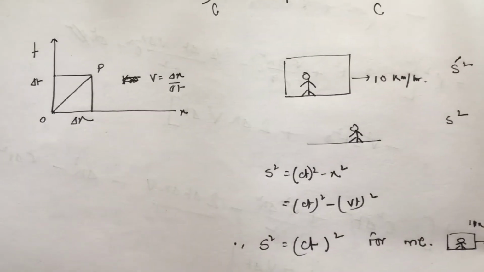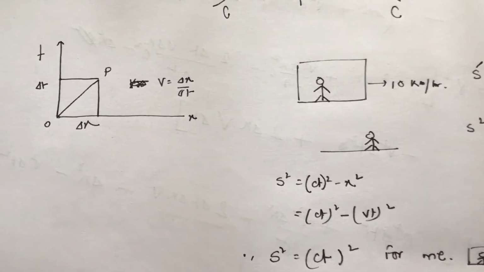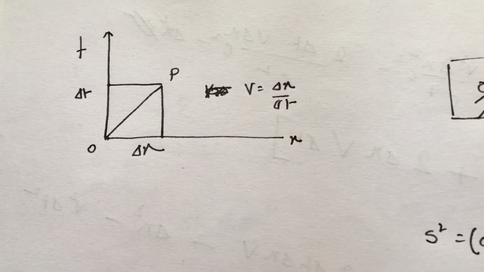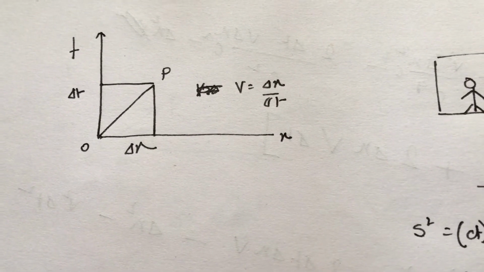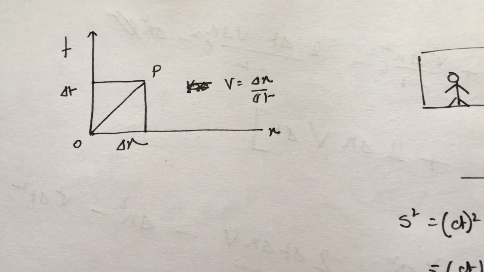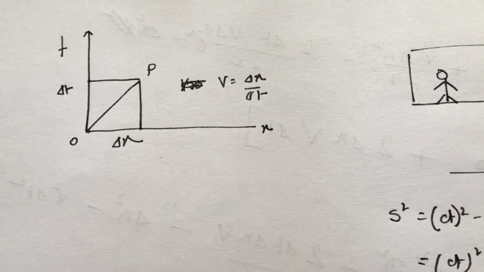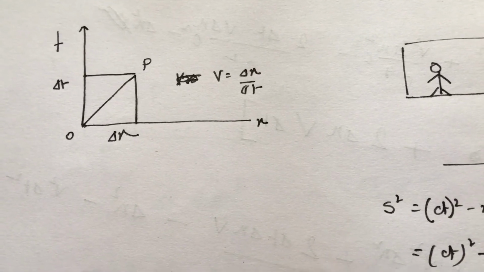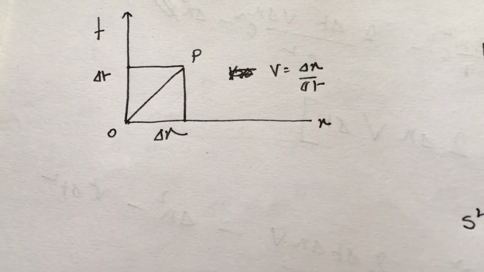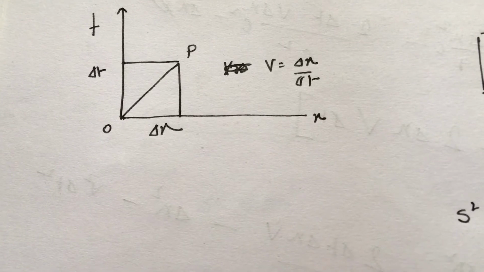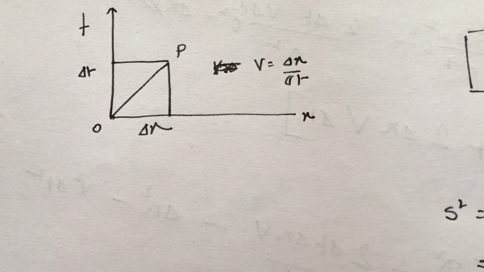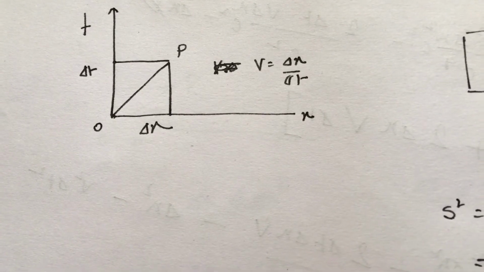Now, what if an object is moving in this reference frame? Suppose the coordinate of any object is p at a certain time. In the meantime, the object has traveled a distance delta x within a time interval delta t. So the speed of that object is v equal to del x by del t.